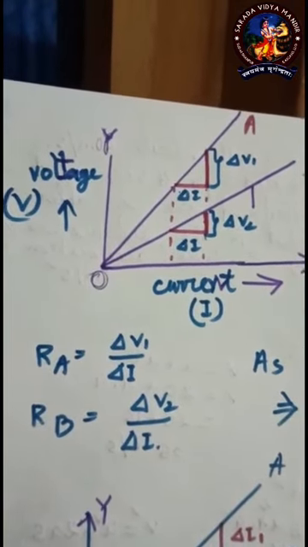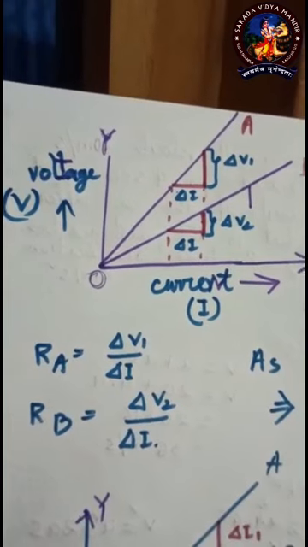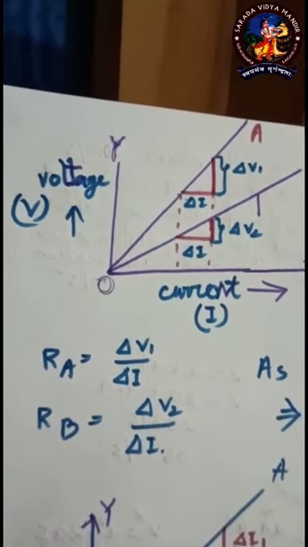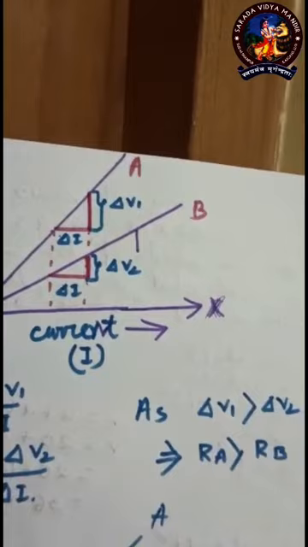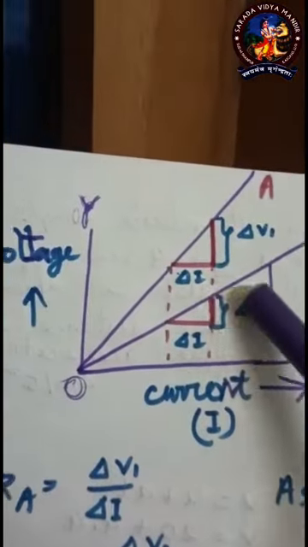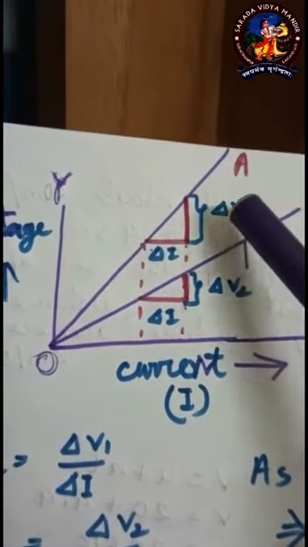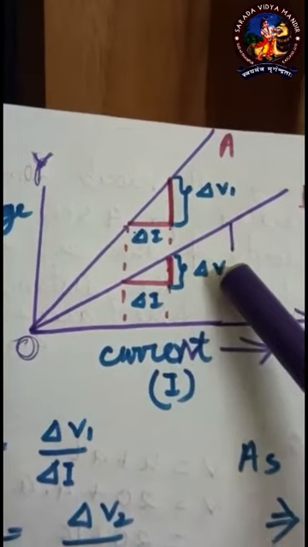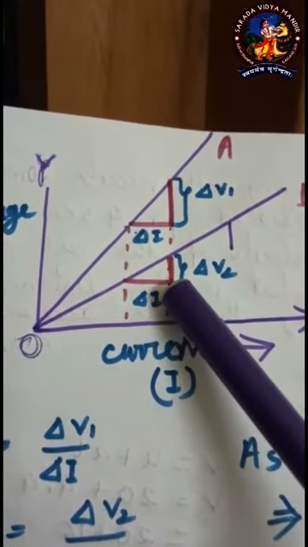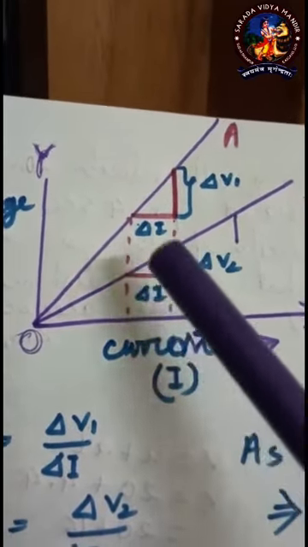So I have got the two slopes, and therefrom I have got two resistances. Now you see which one is more. Obviously here I can say that del V1 is more and del V2 is less for the same del I, because I have to maintain one thing constant.